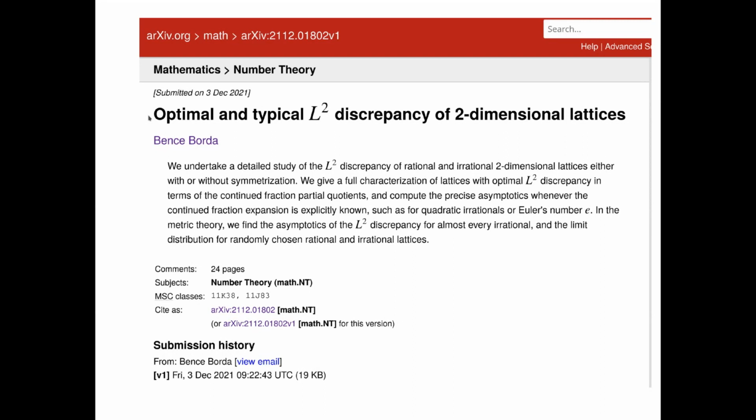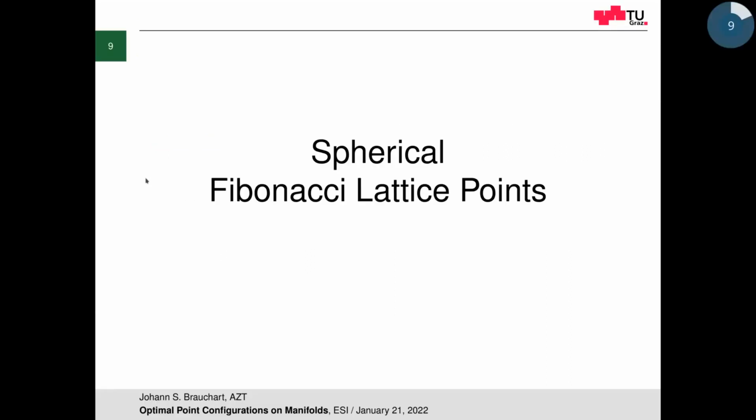That's something which I haven't really had time yet to look into, but the computations there are kind of related to what we do on the sphere. So there might be some connections which we have to explore more in the future. Okay, so that's a motivation for why we use Fibonacci lattice points.